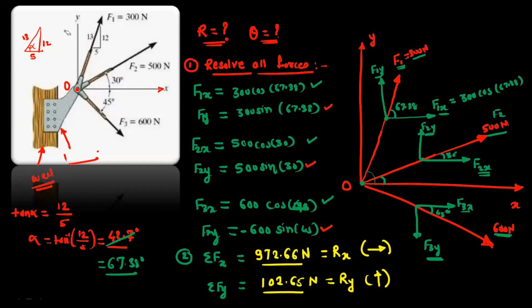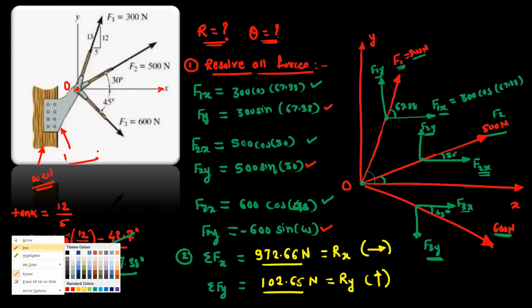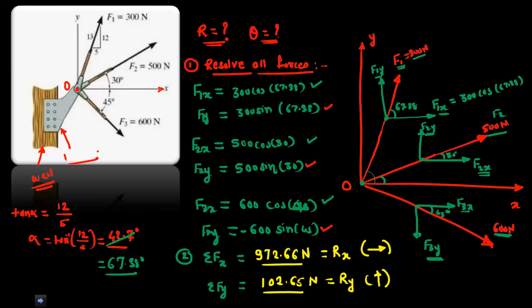Also calculate the angle of the resultant by using tan inverse formula. So use theta is equal to tan inverse summation Fy upon summation Fx. And get the value for angle theta.